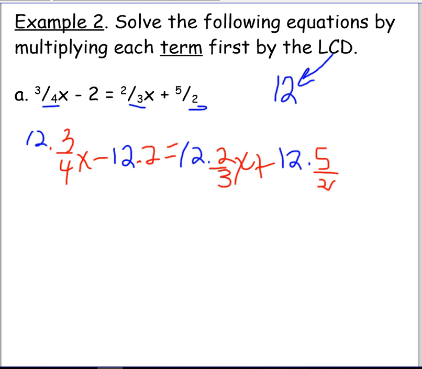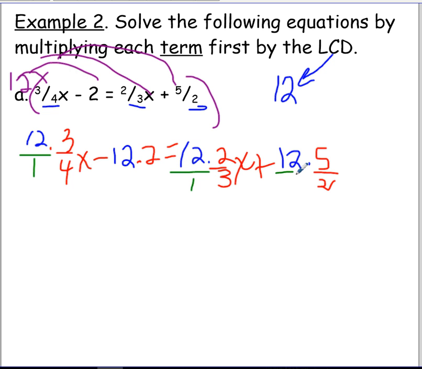So again, 12 got distributed to everything, both sides. So all pieces got the 12. And so now I come through and I'm going to put all my 12s that are next to fractions over 1. And then I can start simplifying. We're going to do 12 times 3/4.